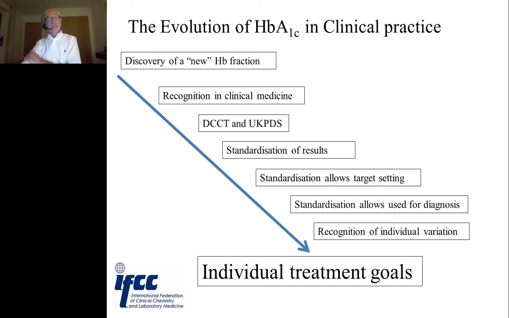Then came standardization of the results globally using IFCC standardization. This standardization allows us to set targets for treatment and allows us to actually use hemoglobin A1c for diagnosis. And the recognition of individual variation, because we can now measure this fraction so well, has allowed us to start working towards individual treatment goals for our patients with diabetes.